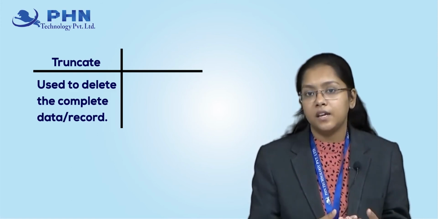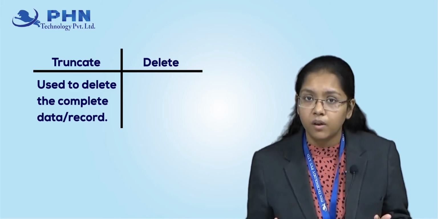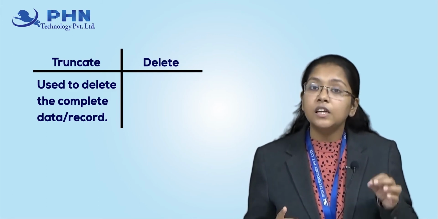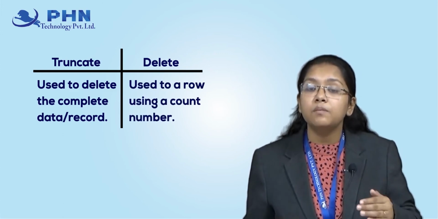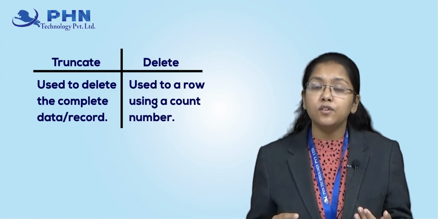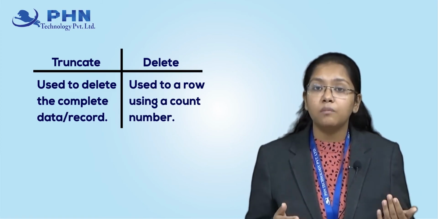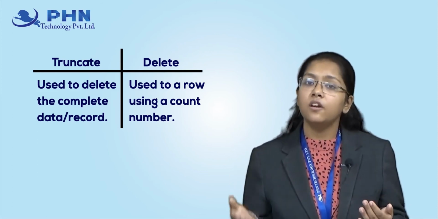The truncate command. Are you able to do this using the delete command? No. The delete command will only help you delete particular rows one by one. If you don't want to specify that and want to delete the complete record set directly, you can use the truncate command.